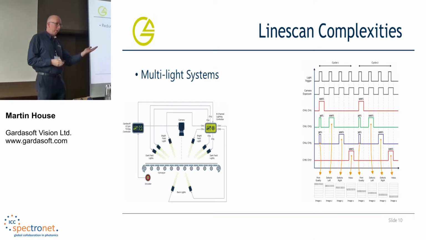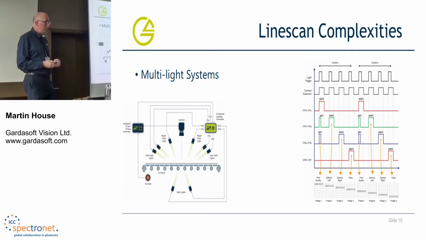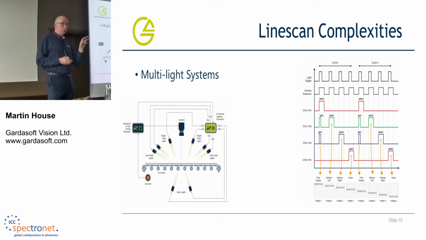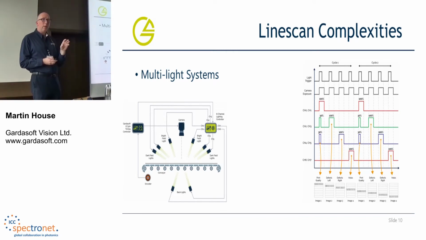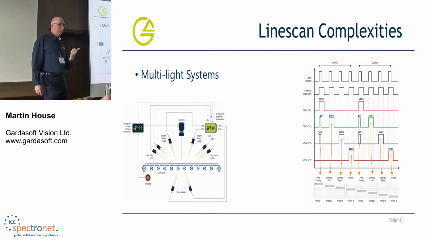Now you can take this much further, as some people do. So you have multiple lights with one setup. And within that, you don't have to just control the on-off time, you can be controlling the pulse width and the intensity, so you can have multiple schemes going on. So with one setup, you could be inspecting the print quality, you could be looking at barcodes, you could be looking at surface defects, all in one setup.